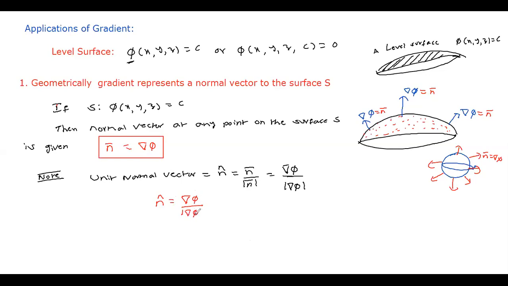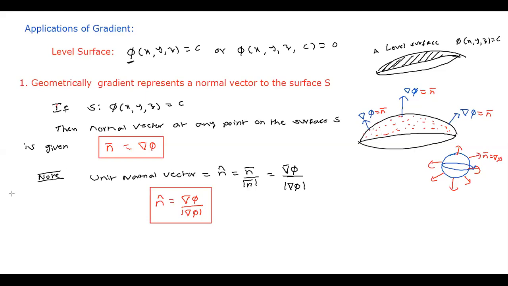In exams, you will be asked to find the unit normal vector on the given surface. That means you have to find the gradient and divide by its magnitude. Is that clear? Now, let's take an example.